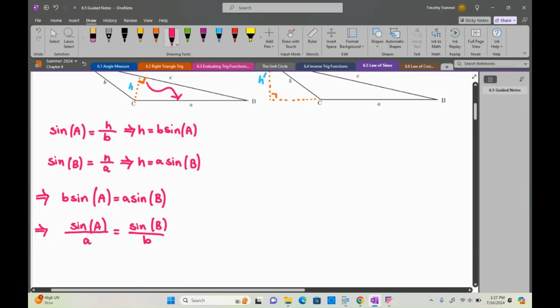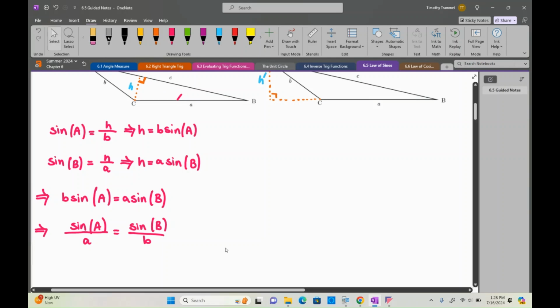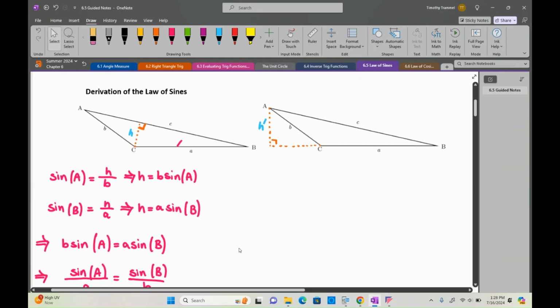So this is actually one part of the law of sines. There's an extra piece we're going to add to this. You might be able to imagine what it is. But if you're not sure, we're going to find out. We're going to start working on this second triangle now. And in the end, we'll write some very similar to what we're seeing here.